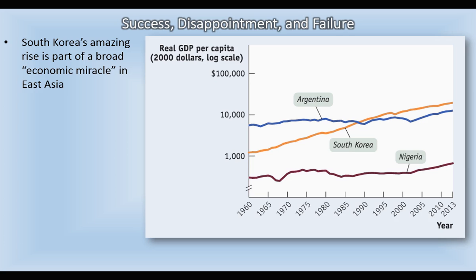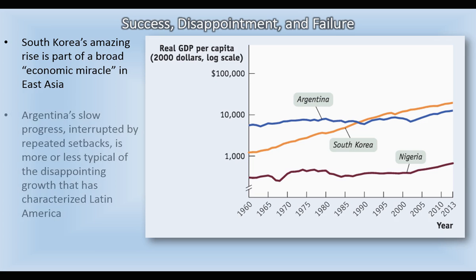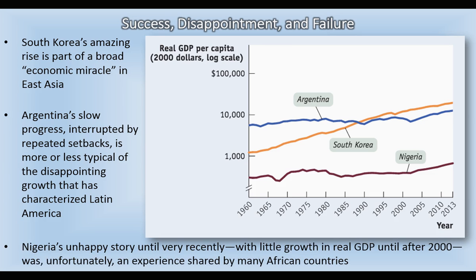South Korea is part of a broad economic miracle, as it's called, in East Asia. Argentina's slow progress, interrupted by repeated setbacks, is more or less typical of the disappointing growth characterized by Latin American countries. And Nigeria's unhappy story until very recently, with little growth in real GDP until after 2010, was unfortunately an experience shared by many African countries.